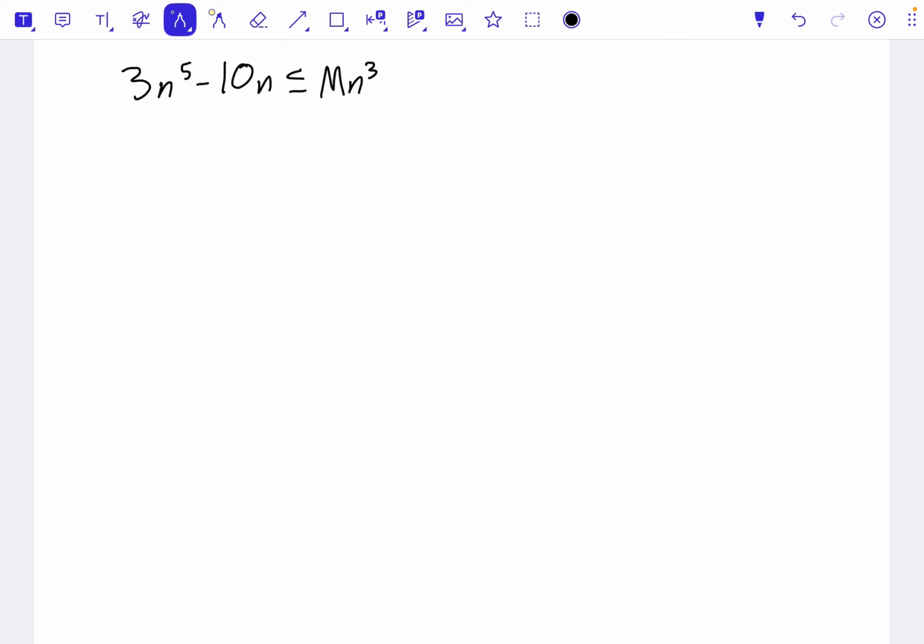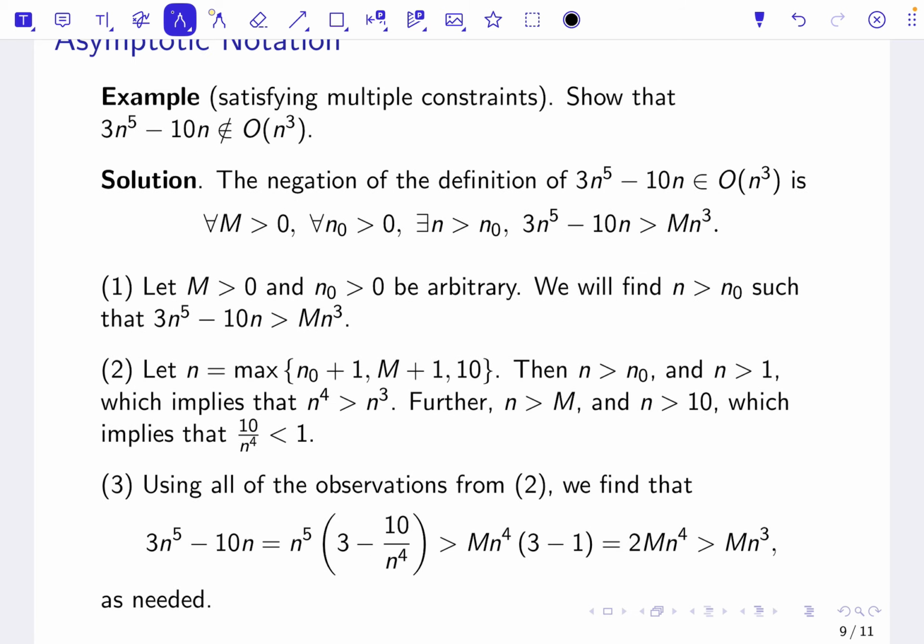So let's prove this. We have our inequality, and we have different quantifiers from last time. Now, since m is universally quantified, we're not going to choose a specific value of m. Likewise, we're not going to choose a specific value of n naught, but we are going to choose a specific n.